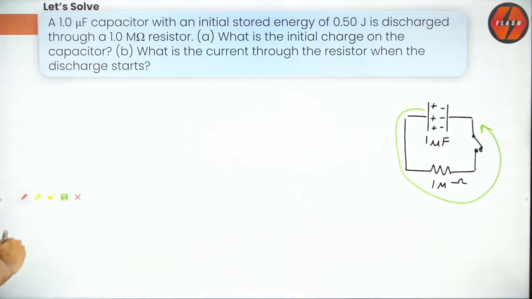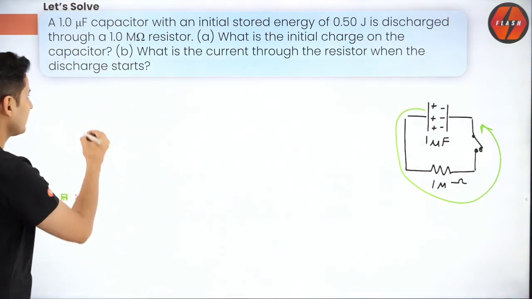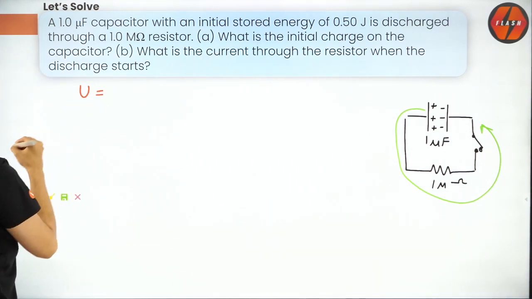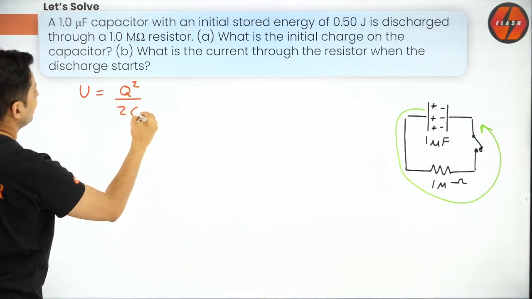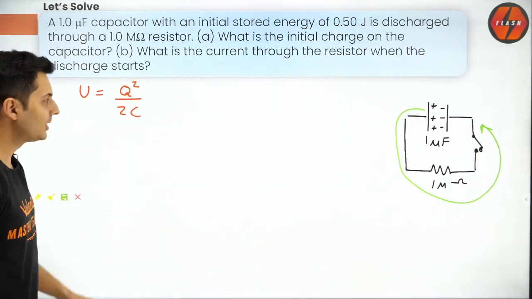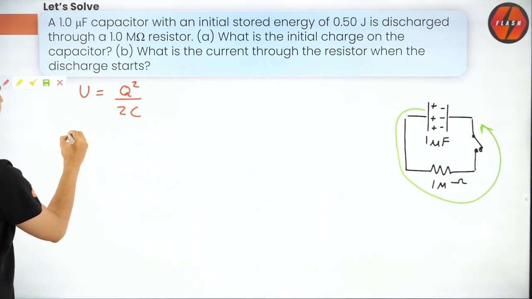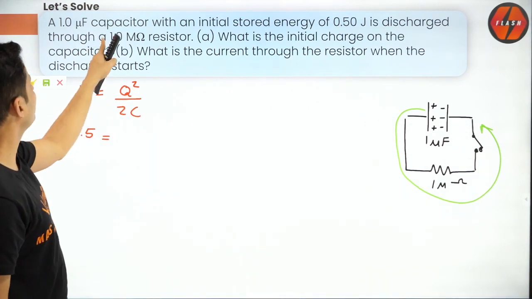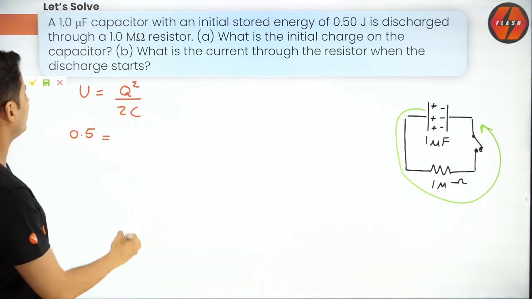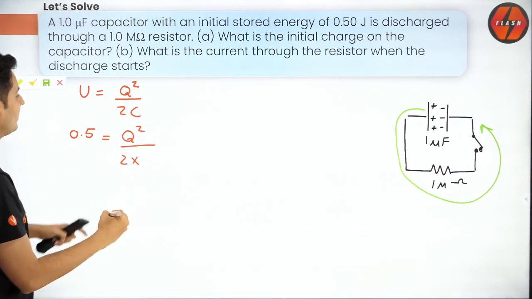Now the first part, what is the initial charge? For that I can directly use the formula, guys. U is equal to Q square by 2C. This is the formula for energy stored inside the capacitor. The value of U is 0.5. What is the value of Q, guys? Oh, that's what I need to find. So it is Q square over 2 into capacitance.